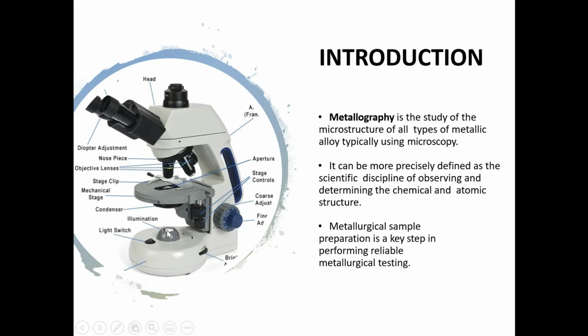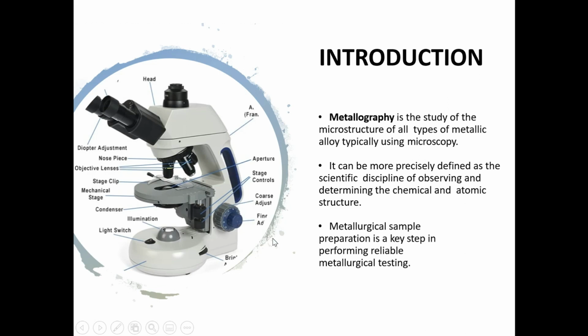This is the illumination. And this is the coarse adjustment and fine adjustment, where you adjust the position of the workpiece from the lens. Once you put the workpiece on this table, you can adjust the distance from the lens by means of the coarse adjustment and fine adjustment knobs.